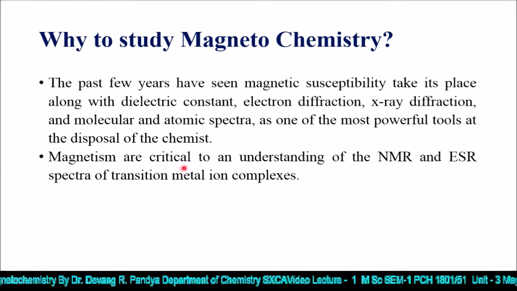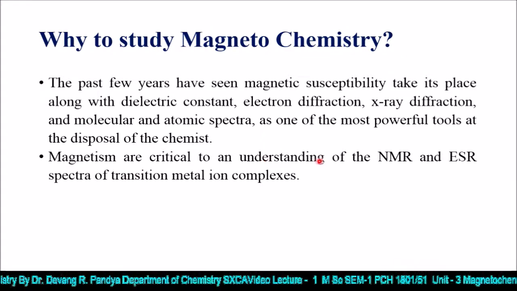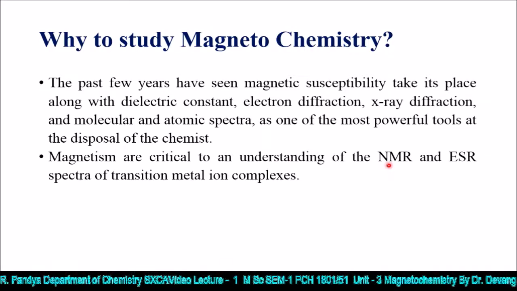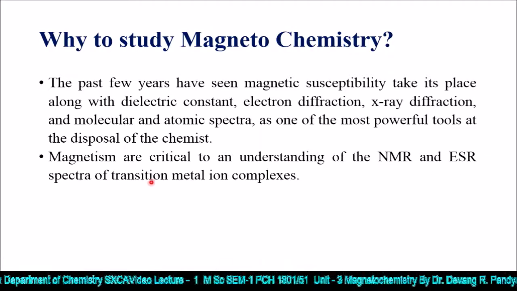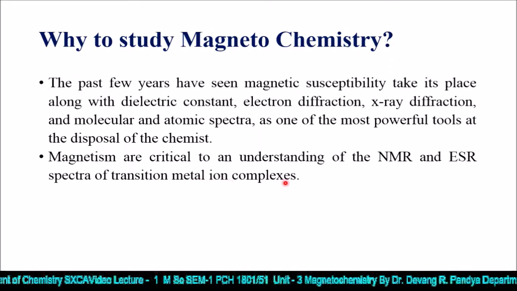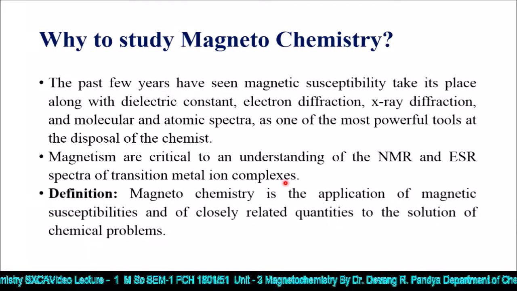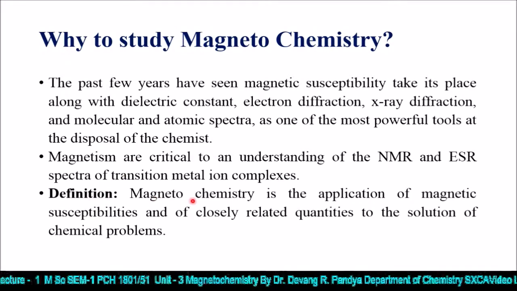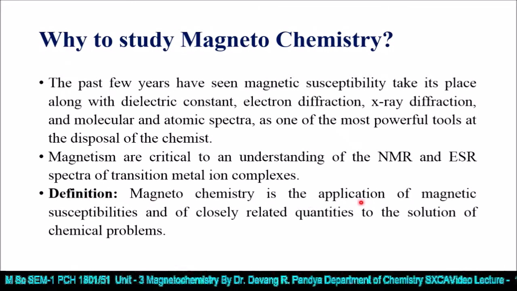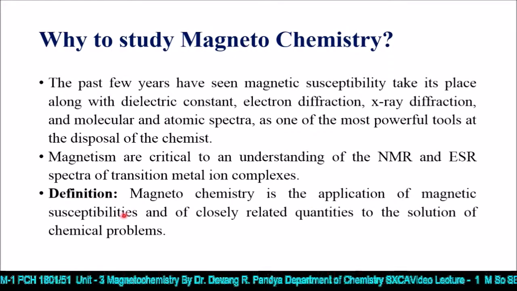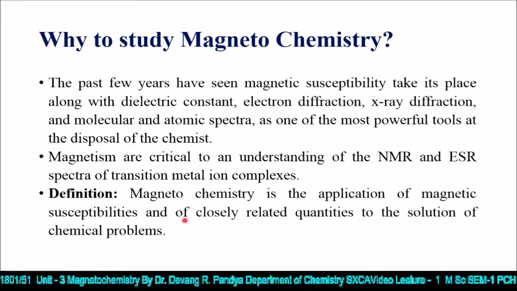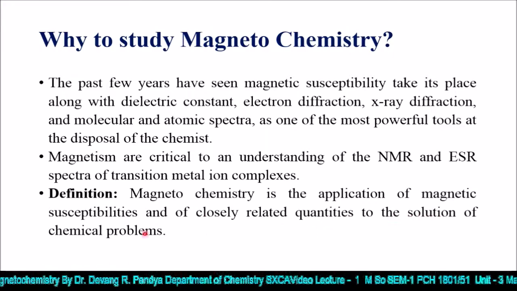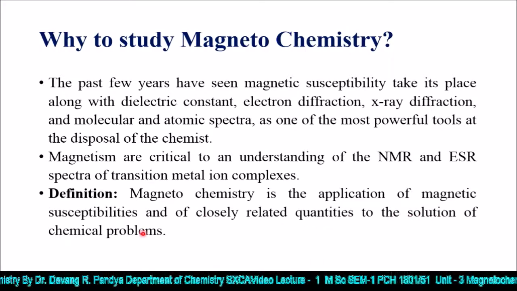Magnetism is critical to an understanding of the NMR, nuclear magnetic resonance, and ESR spectra of transition metal ion complexes. Now let's define magnetochemistry. Magnetochemistry is the application of magnetic susceptibilities and of closely related quantities to the solution of chemical problems.